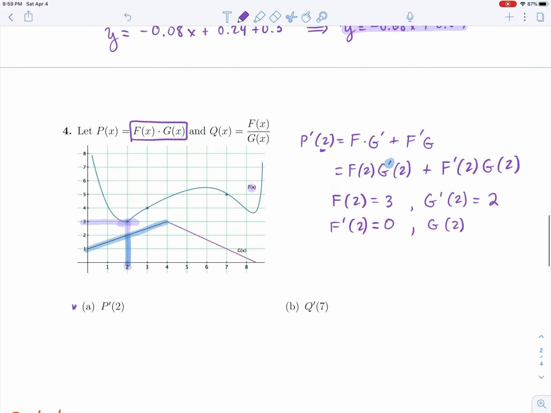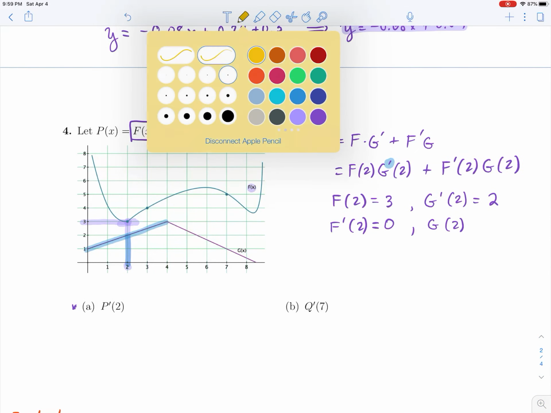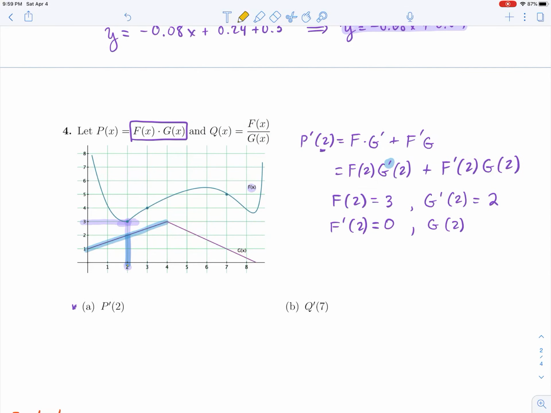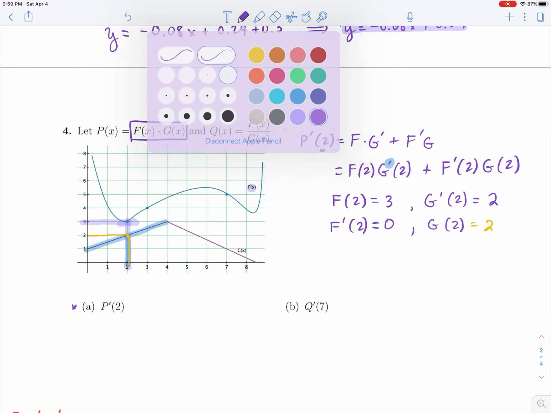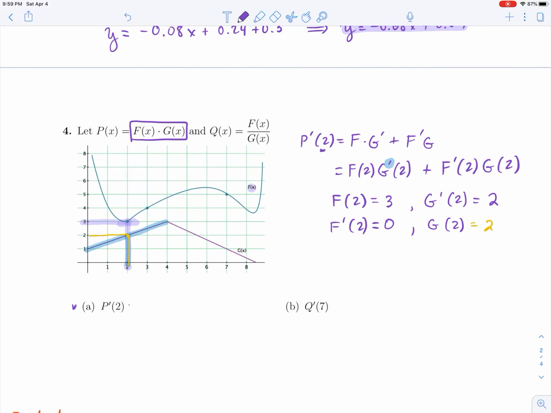And then g of 2 is just the g value evaluated at 2, which in this case is 2. So if we put all these pieces together, P prime evaluated at 2 is going to be 3 times 2 plus 0 times 2, or 6.